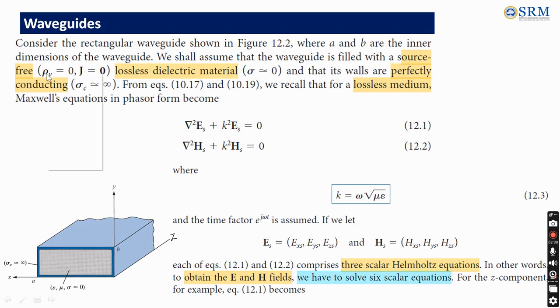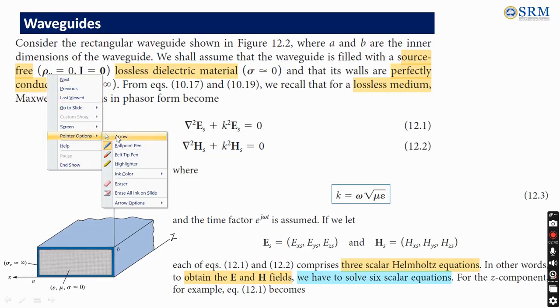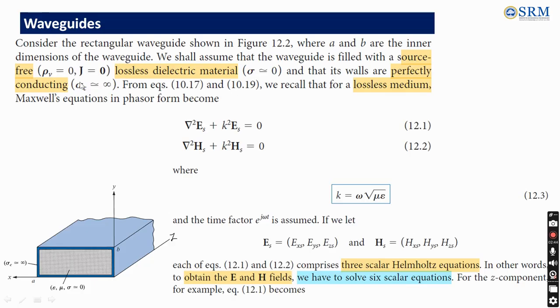So rho v is zero since it's source-free, and similarly the current density is zero. And since it's a lossless dielectric material, the conductivity is approximately zero. But the walls are perfectly conducting, so their conductivity is infinity.